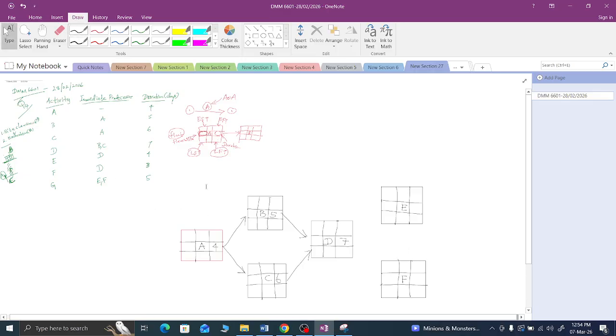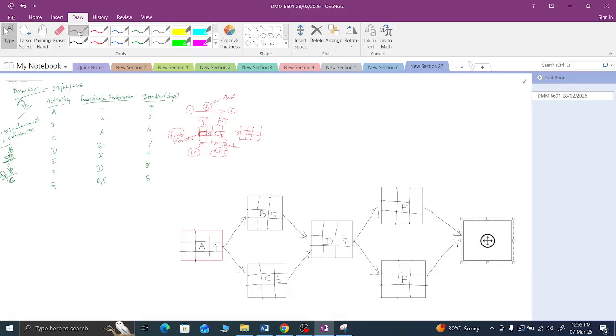So after completing D, E and F are there. After completing E and F, I have G. So the final activity is G, right? This is the activity G.